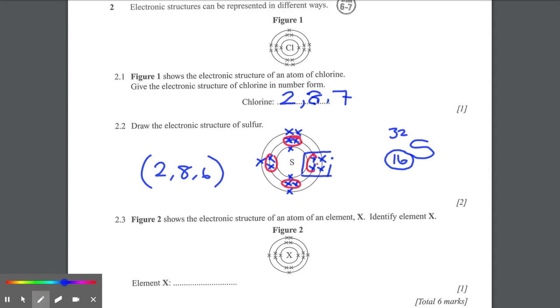And then the final question is asking us to go essentially backwards from the previous questions, taking us to look at an electronic structure. So if we again quickly have a count, this time we've got a 2, 8, 5 species, and because electronic configurations build upon each other, we know this is 5 electrons in the third shell.